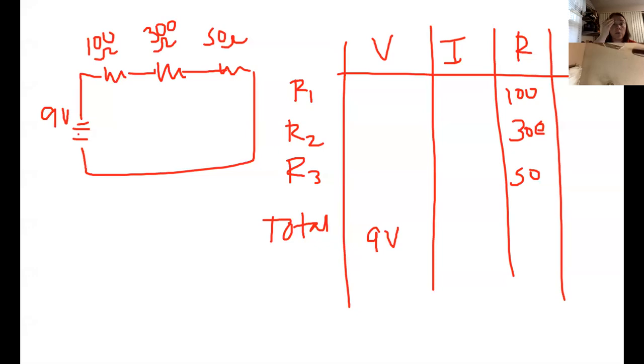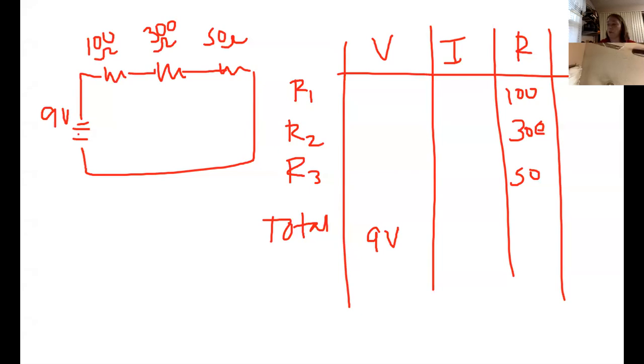Let's see if this is going to work. All right, so what I've got here is a very rough sketch of the series circuit. That was the example. A 9-volt battery is connected to 3 resistors. The first resistor is 100 ohms. The second resistor is 300 ohms, and the third resistor is 50 ohms.